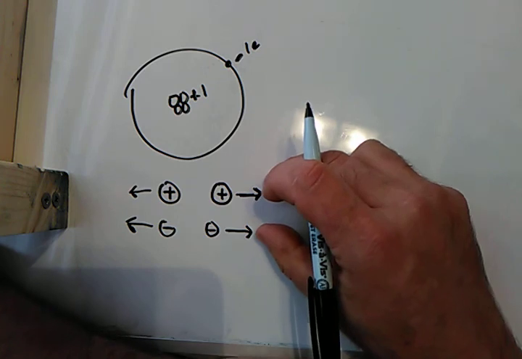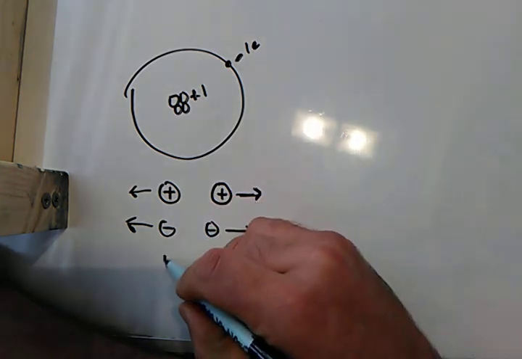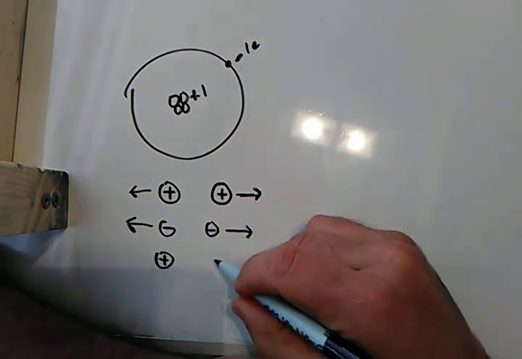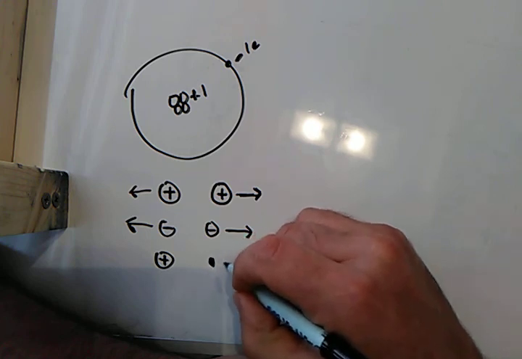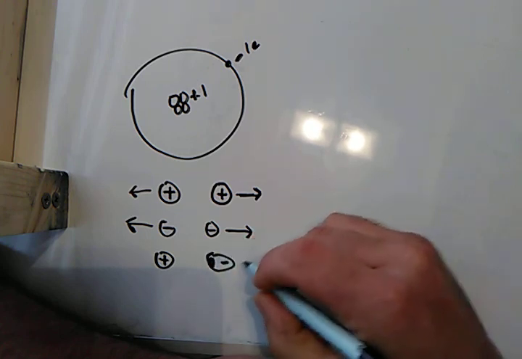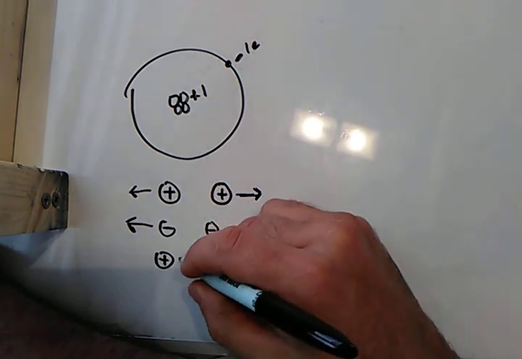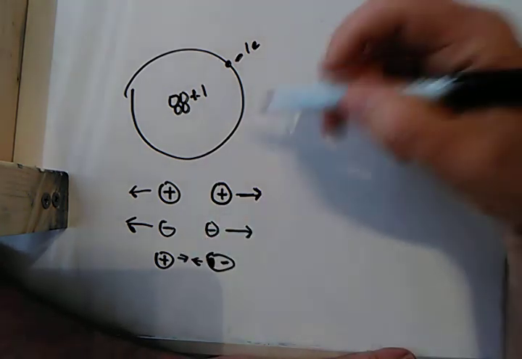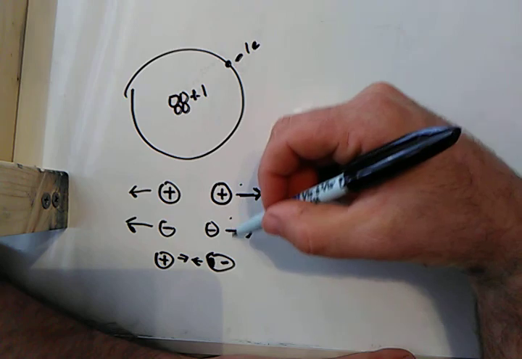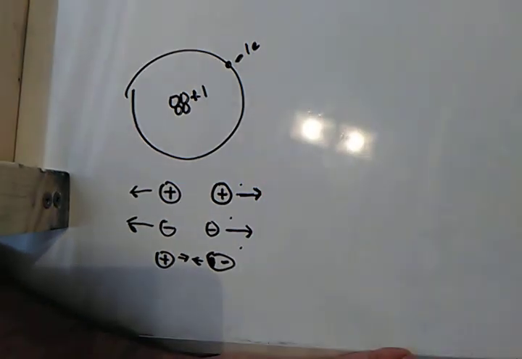Okay, this is a basic concept. Now, if I take a positive charge and a negative charge, the positive and the negative are actually going to pull towards each other. So these repel, this repels, and this attracts.